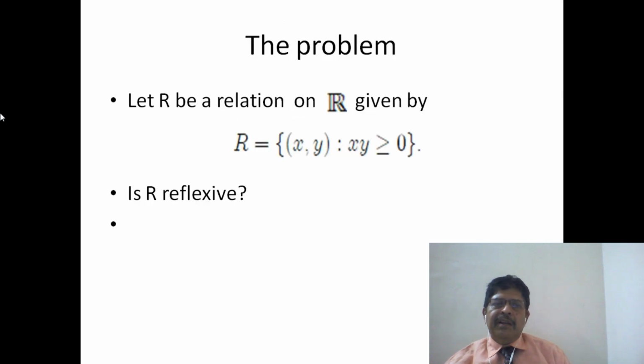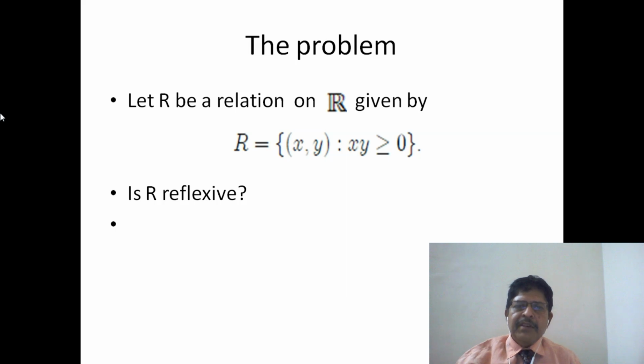So let R be a relation on the set of real numbers. It is given by the set of all ordered pairs of numbers such that the product of the two numbers in the pair is non-negative. Okay? x is related to y if x into y is greater than or equal to 0.